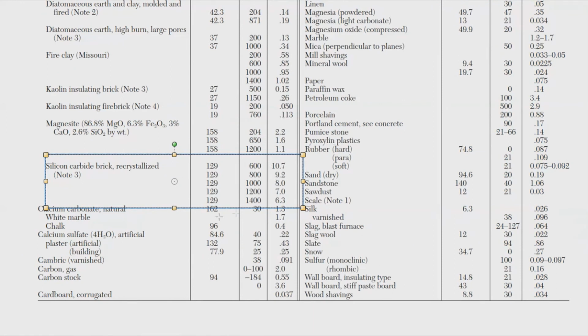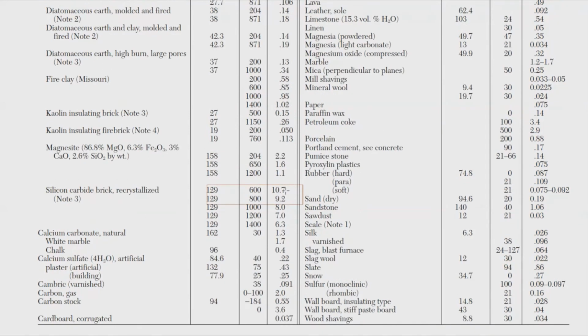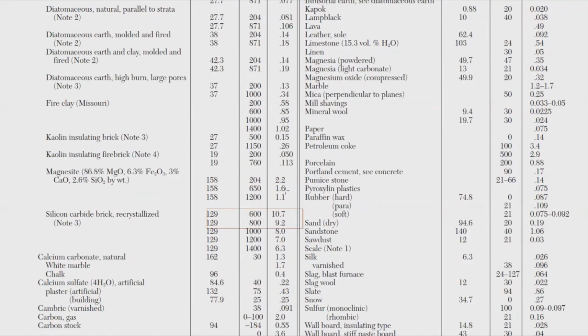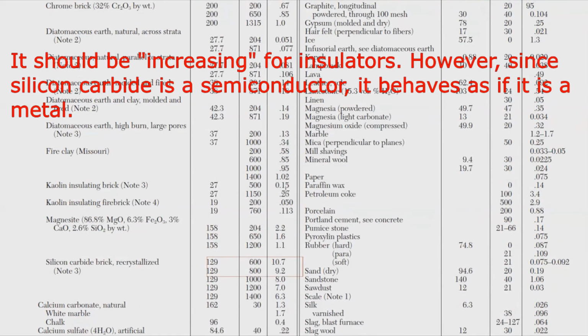I'll be using only the two values here, which are 600 and 800. So I'll be extrapolating, and you might want to extrapolate as well. And as the temperature increases, the insulation should be decreasing.